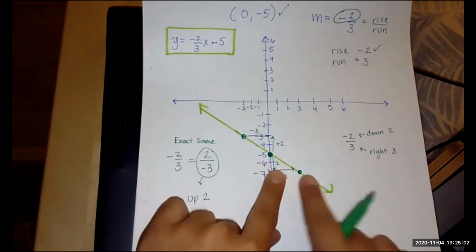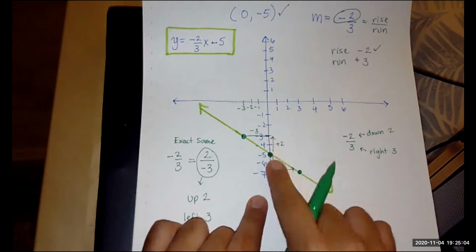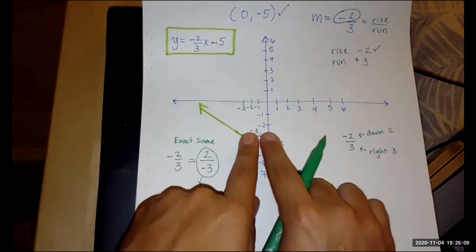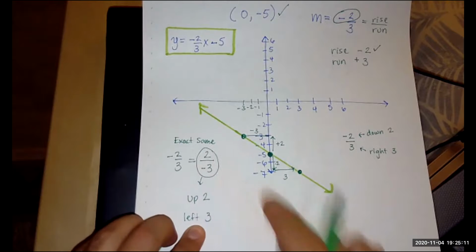So if I've run out of space down here, then I can just reverse the process and go up and back, because that positive and that negative will still be a negative number.